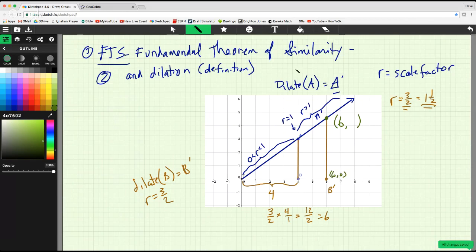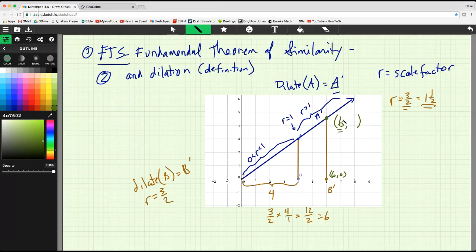So we've used our fundamental theorem of similarity, our definition of dilation, to make it easy for us to find the x-coordinate of our dilated point, our dilated A, our dilation of A. 3 halves of A, we dilate A, we come to here.